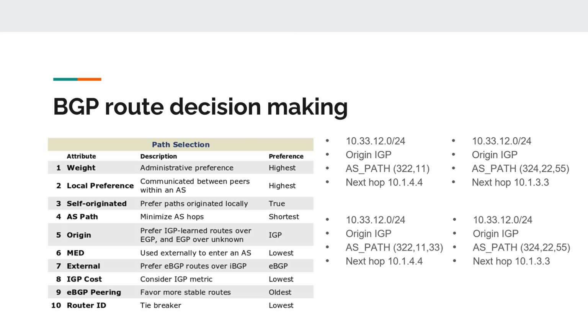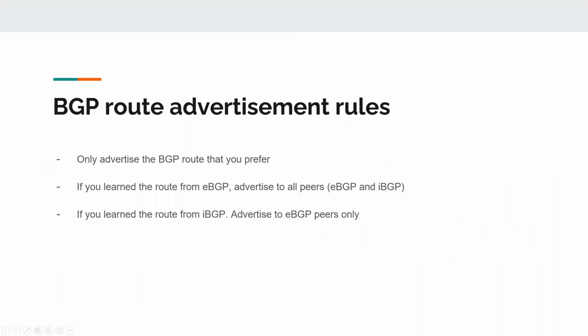In the second example, both routes have an AS path length of 2. But in the right example, the next hop is 10.1.3.3, which is a smaller number for the router ID. So we will choose the right one in the second example.